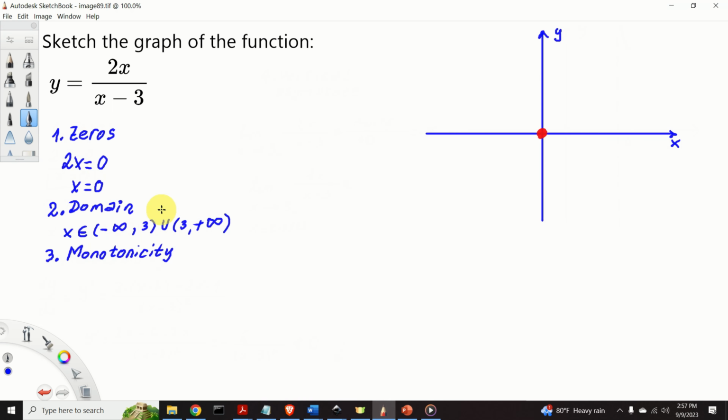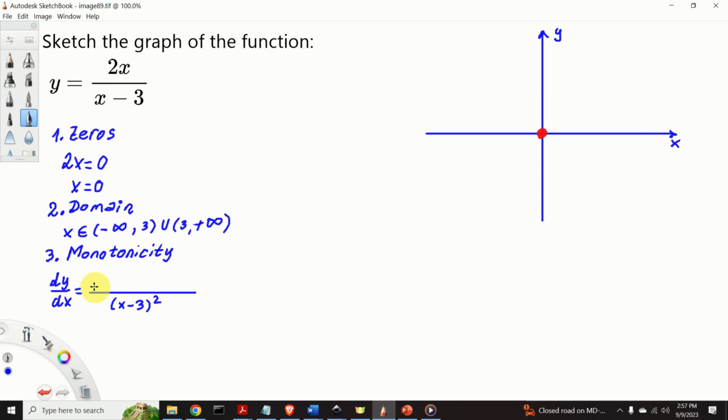Next, we need to determine the monotonicity of this function. That is, we need to determine the intervals for x in which this function increases and intervals of x in which this function decreases. Let's do that. We need to compute the first derivative of y, dy dx. Since this is a rational function, we have x minus 3 squared.